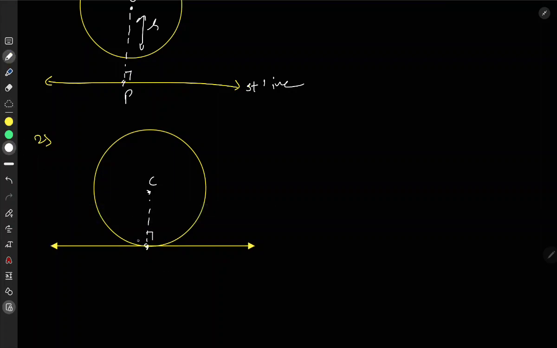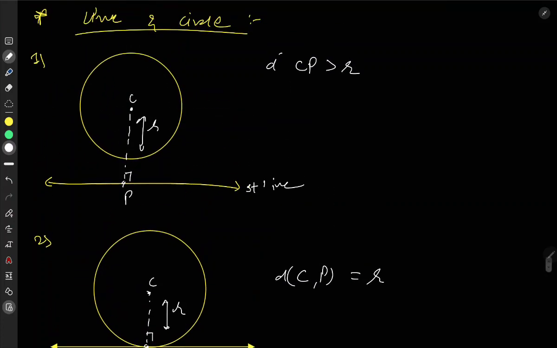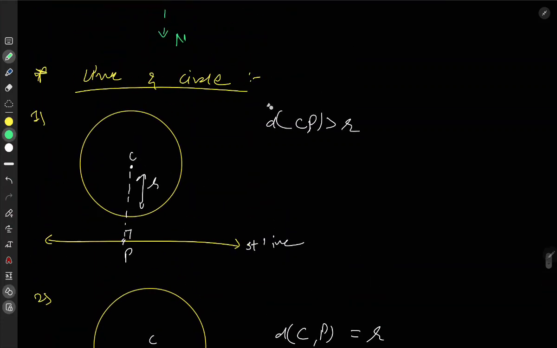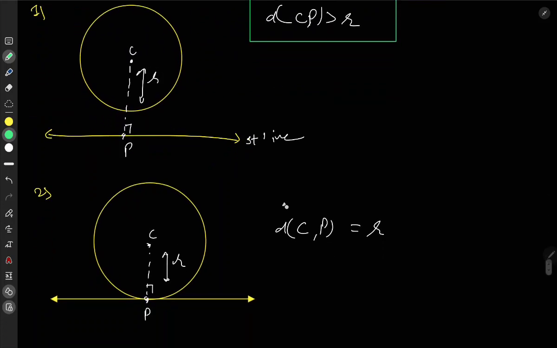Now this is point P. So this is R. Here the distance of CP is equal to R. I'll write distance of CP so that you know that we have to find it by using the distance formula.